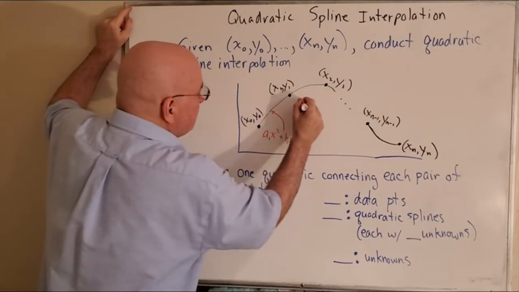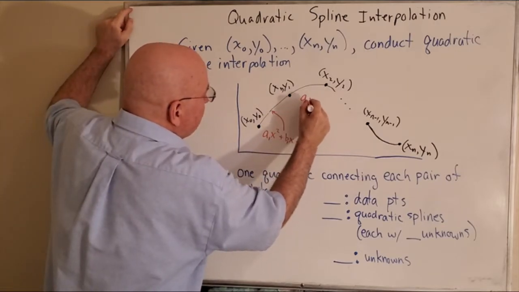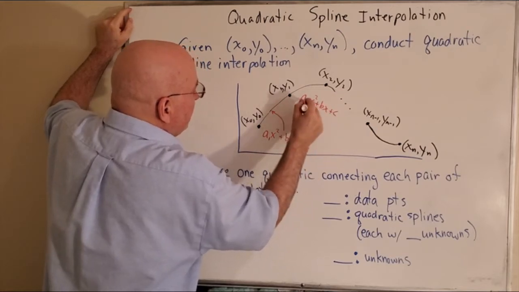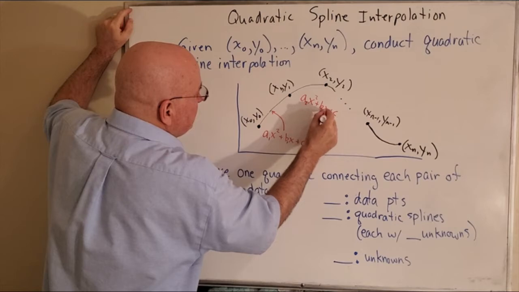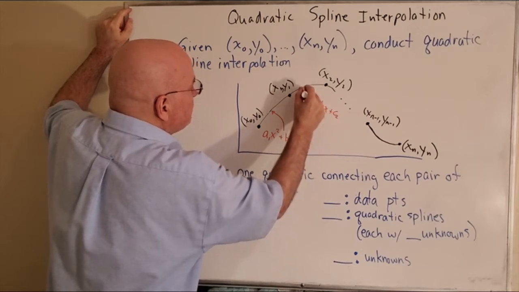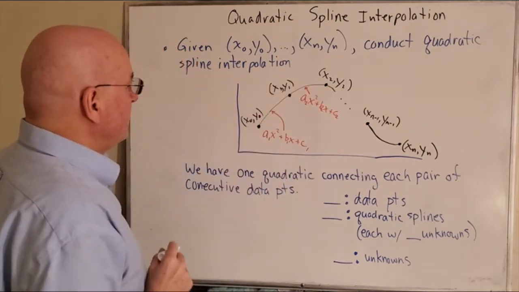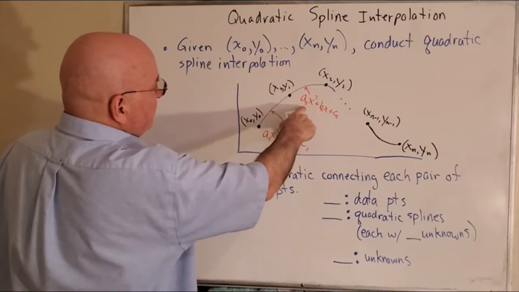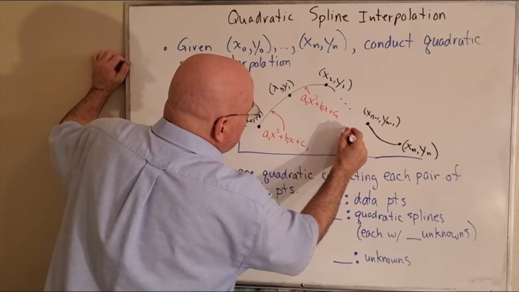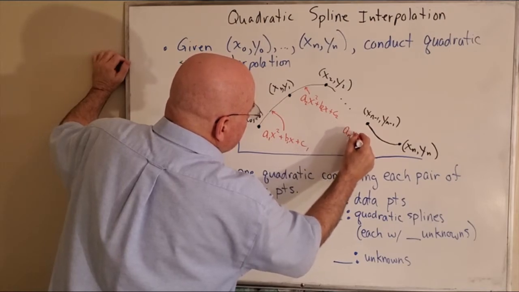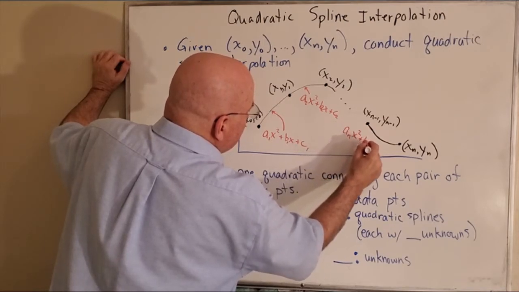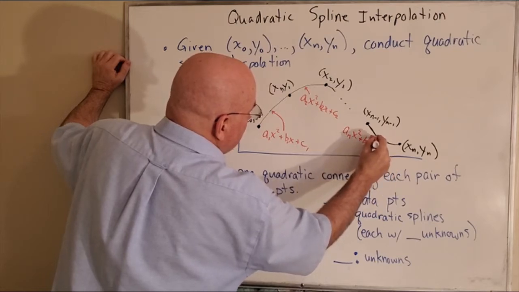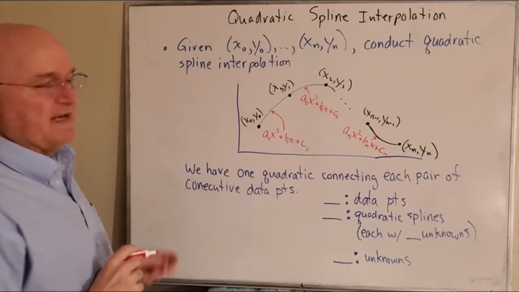And then this one is going to be ax squared plus bx plus c, but I'm going to call it a2, b2, c2. And that's that one right there. And the last one, let's see, I'm using the forward one for the index, so it's going to be an x squared plus bn x plus cn, the equation of that last quadratic.